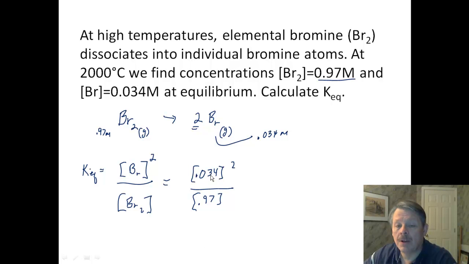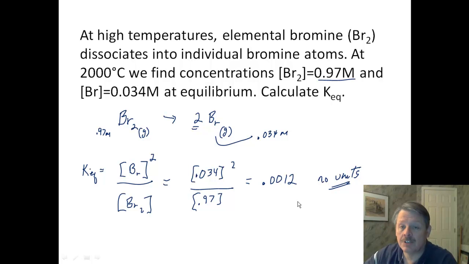All right, well, if I take 0.034 and I square it, and I divide by 0.97, I get 0.0012. Now, what are our units? There are no units. So for equilibrium constants, it's just a constant, it's just a number. There are no units that we write down for equilibrium constants.